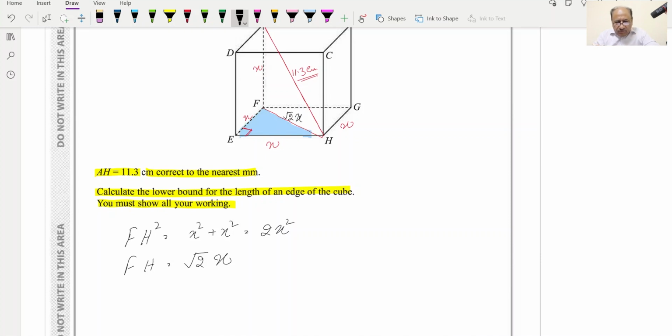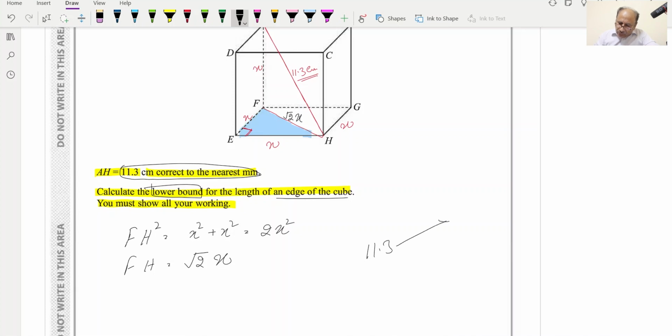Now, because they are saying 11.3 correct to nearest millimeter, and they are asking us to calculate the lower bound for the length of an edge, we will get the lower bound for the edge when we take the lower bound of 11.3.